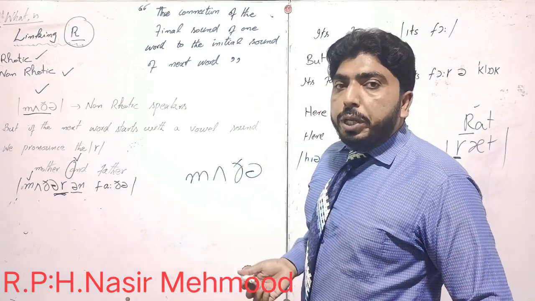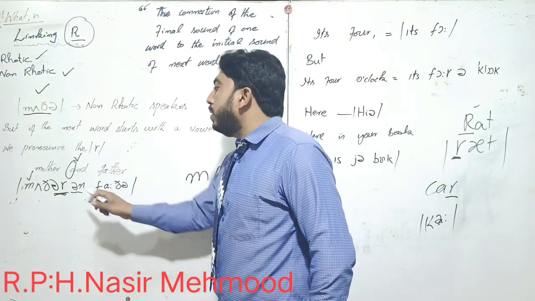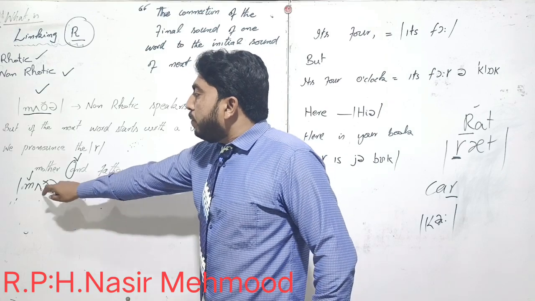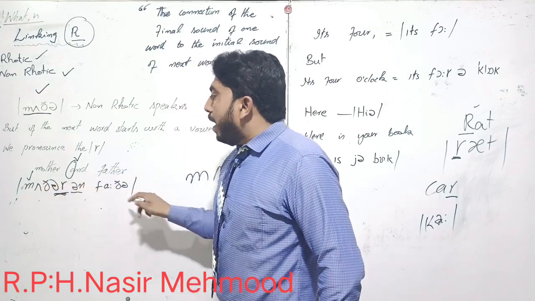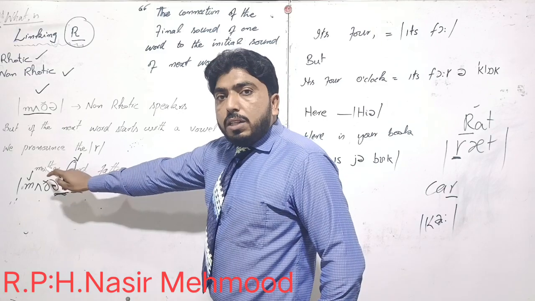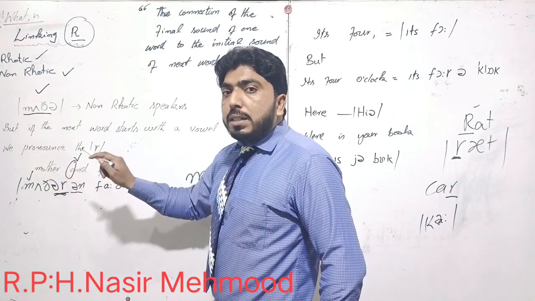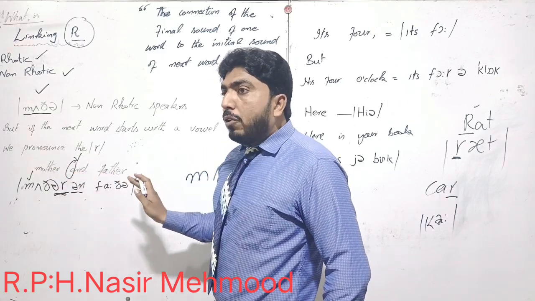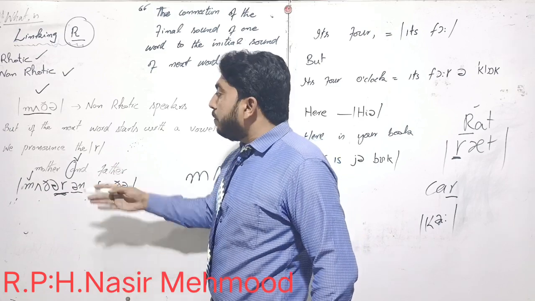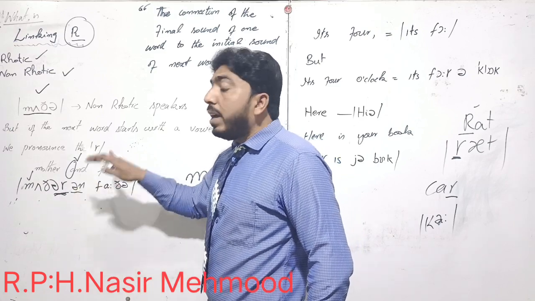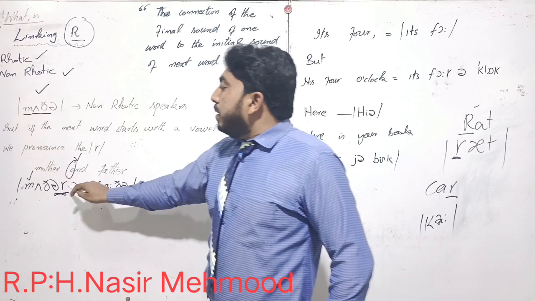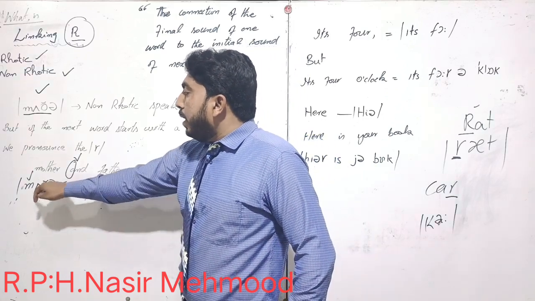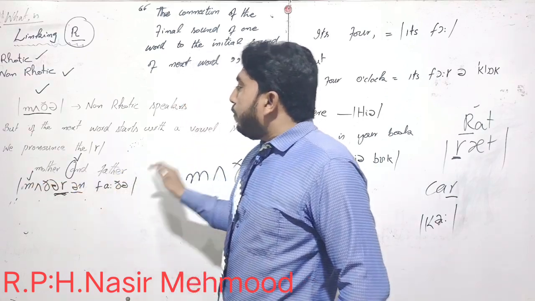You know, there are so many weak forms that we use in connected speech. Mother in isolated form would be mother; R will not be pronounced, but when it is connected with the next word which starts with a vowel sound, then this linking R will appear. It will become mother and father.